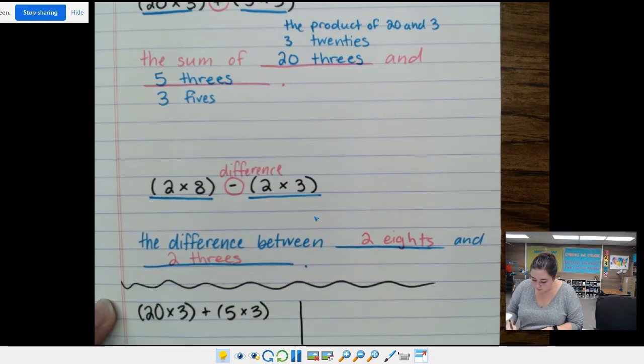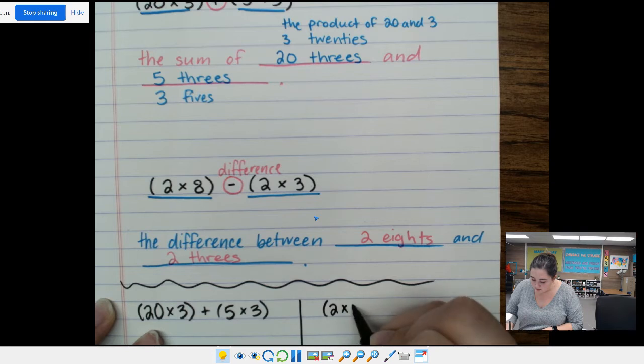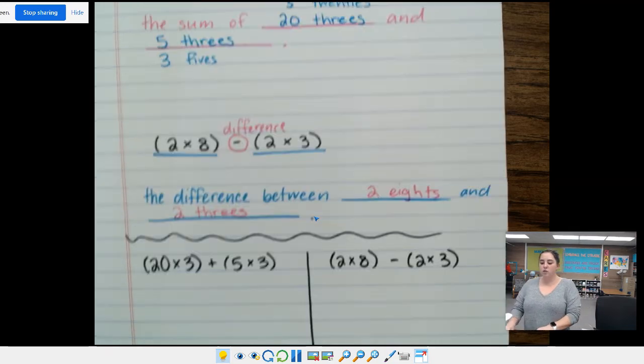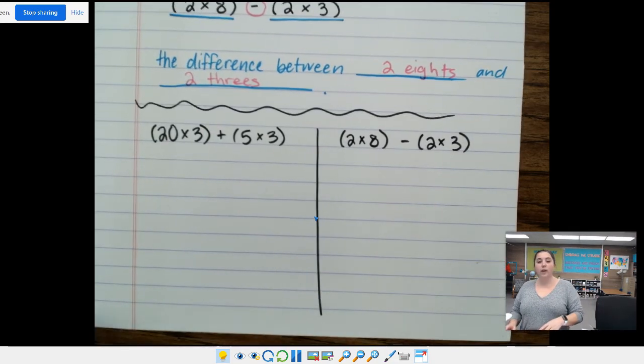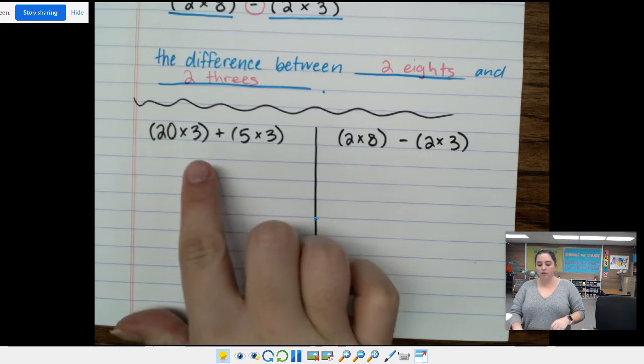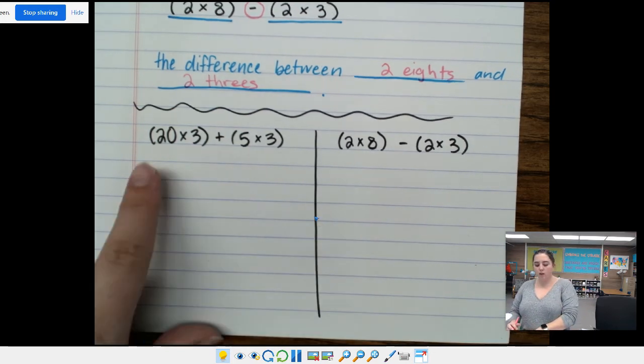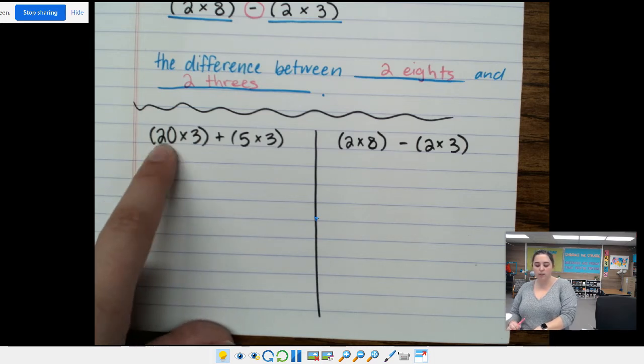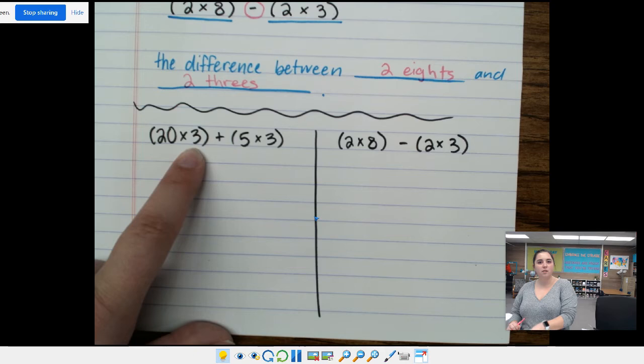And the second problem we did was 2 times 8 minus 2 times 3. There we go. We talked before, parentheses mean do this first. So on this first one, let's solve the first parenthesis. What would 20 times 3 be?